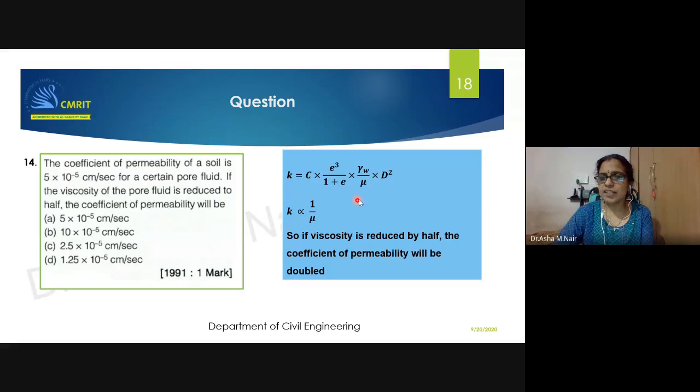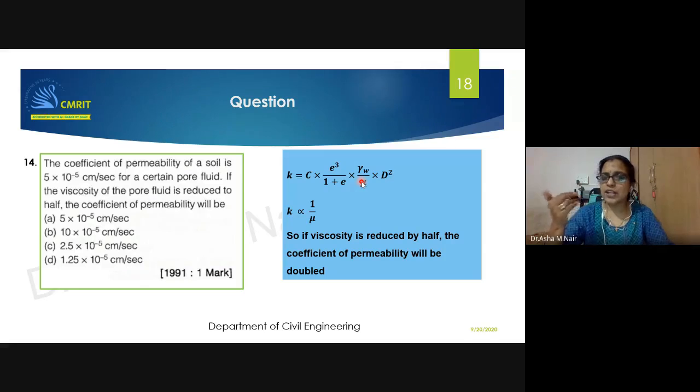So K is inversely proportional to viscosity mu. If my viscosity is getting reduced by half, K should be getting doubled, right? Why?